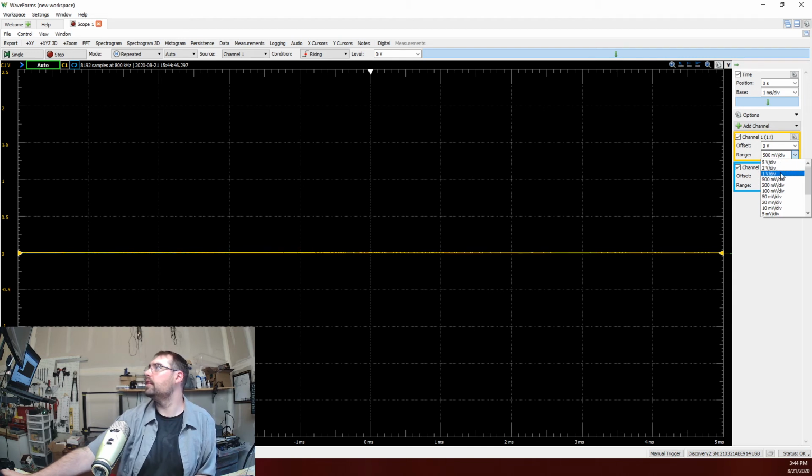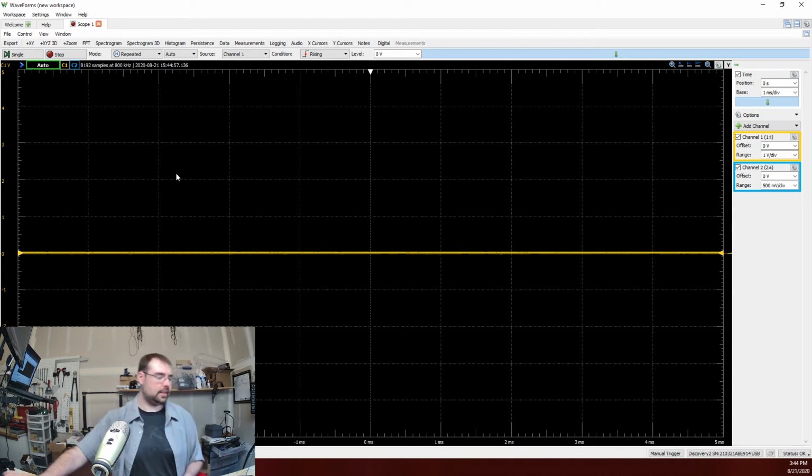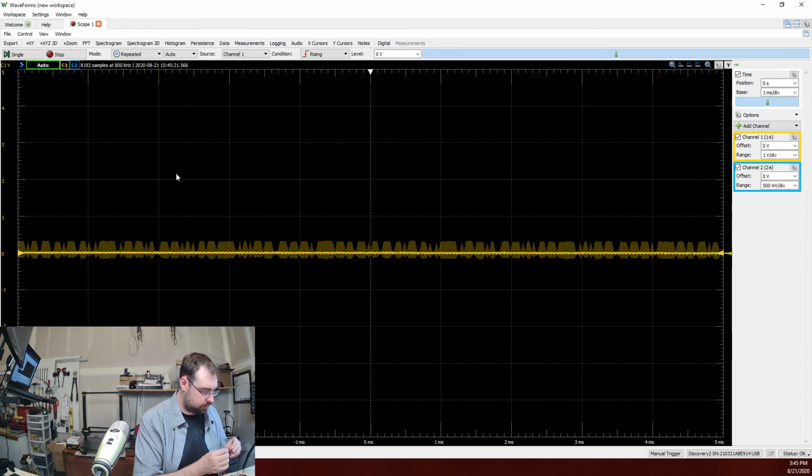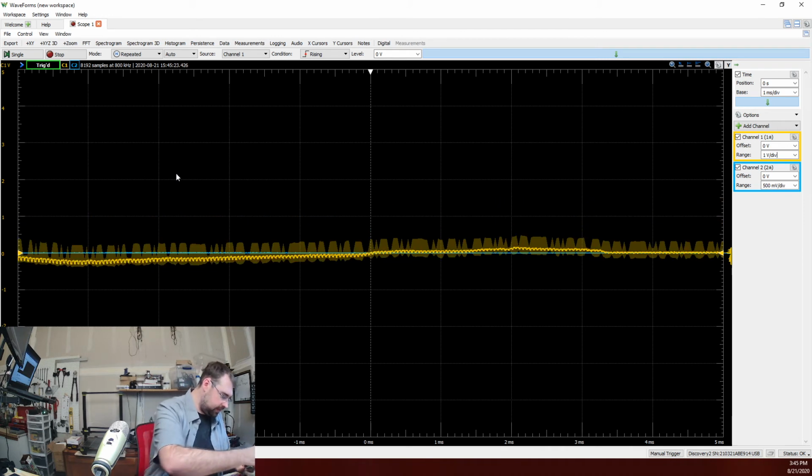And we want to have this up here at 5 volts. That's a little much. Let's do 1 volt. There we go. And it'll come up here if it goes high. So apparently that was not it. Apologize for that. I should have probably looked at the documentation to figure out if this was it or not.